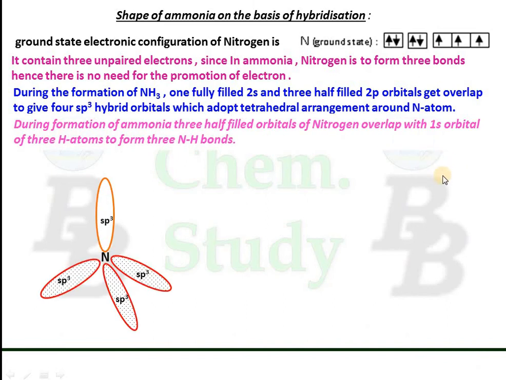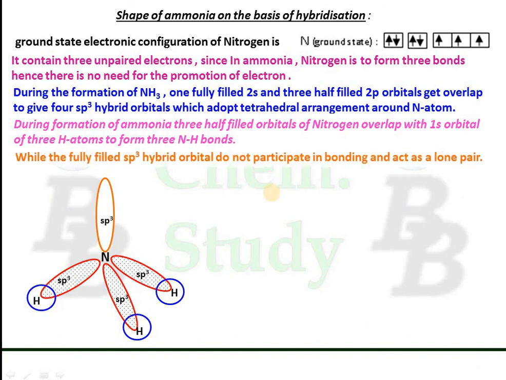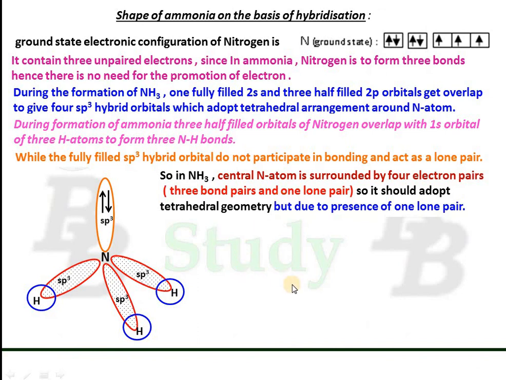And during the formation of ammonia, the 3 half-filled sp3 hybrid orbitals of nitrogen overlap with the 1s orbitals of 3 hydrogen atoms to form 3 N-H bonds like this, while the 4th fully filled sp3 hybrid orbital does not take part in bonding because it already contains 2 electrons and acts as a lone pair. So in ammonia the central atom is surrounded by 4 electron pairs, out of which 3 are bond pairs and 1 is a lone pair.